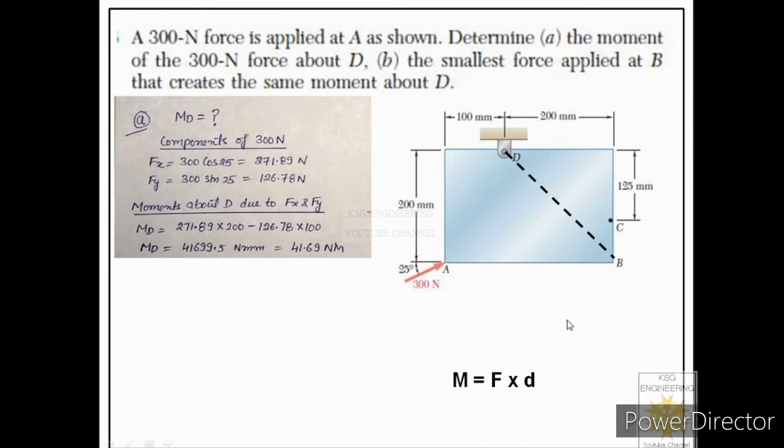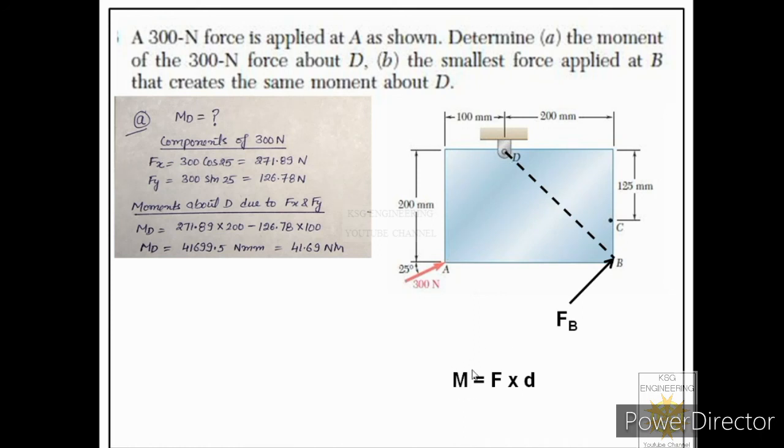Fine. It means we have concluded that if we want to apply the smallest force at B, then first of all we have to connect DB, and in order to make DB the complete moment arm, we have to show our force 90 degrees to that moment arm. Only then will this force be minimum. So in order to find the value of this particular force, we will use this equation now.